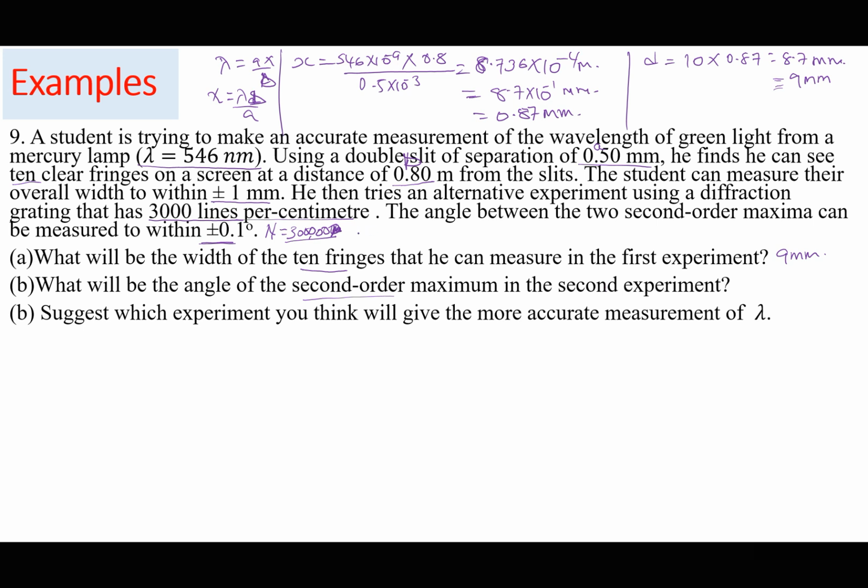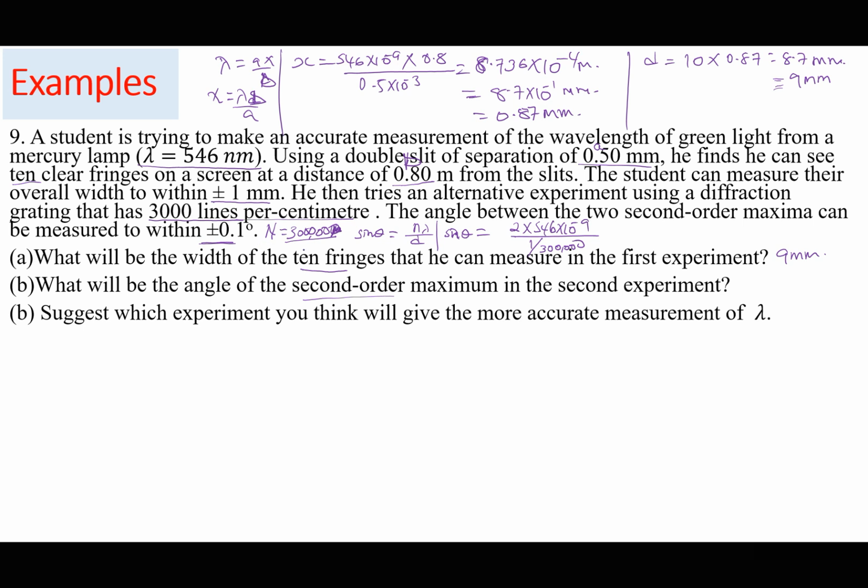So of course, making theta the subject, sine theta is going to be n lambda divided by d, which means sine theta is going to be equal to, n is 2, the wavelength is 546 times 10 to the power of minus 9, divided by d. Remember we said N is 300,000, so this is 1 divided by 300,000.